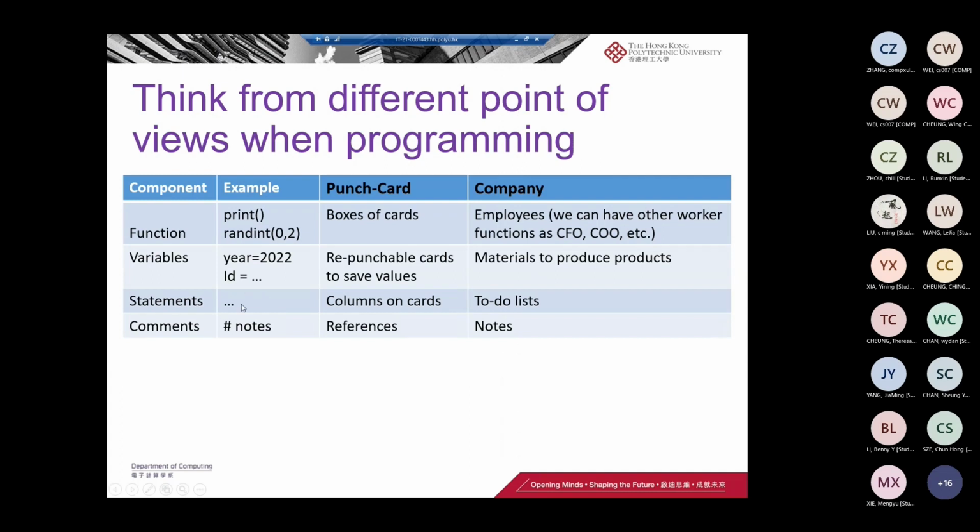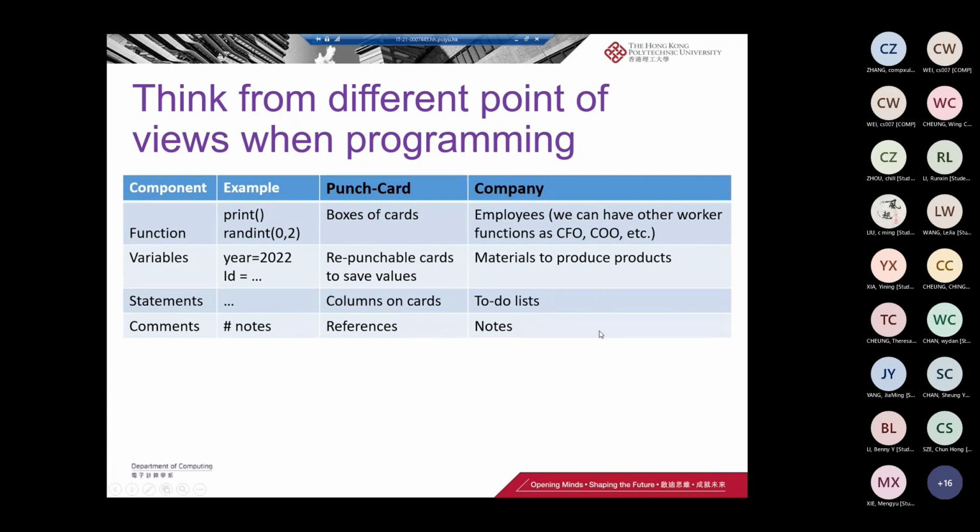And statements: every line of statements, in the punch card point of view, is like a column on a card. And for the company, it's just a to-do list, recording what everybody should do. And the comments, in the punch card point of view, are like some separate cards recording some references of what each of the boxes is doing.